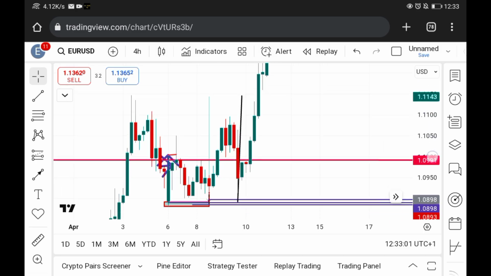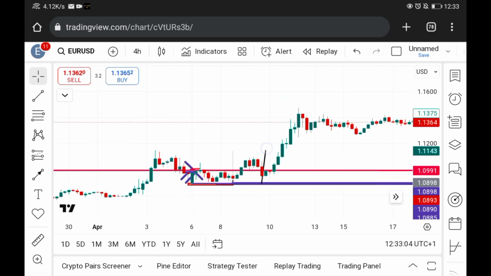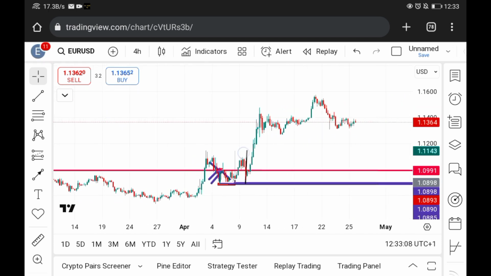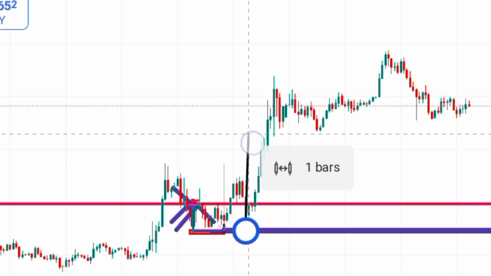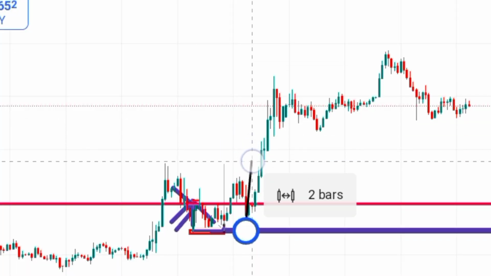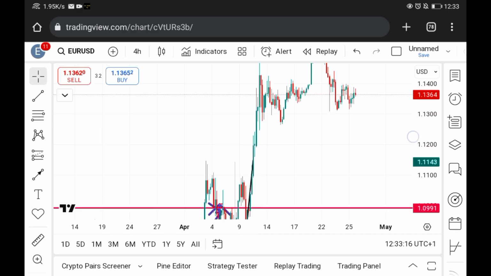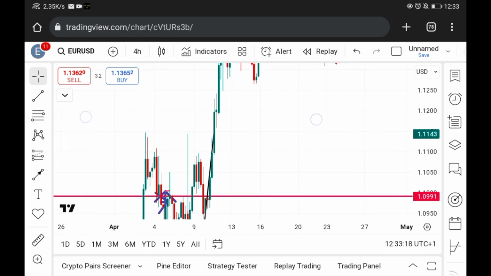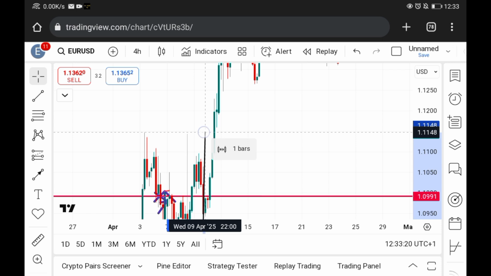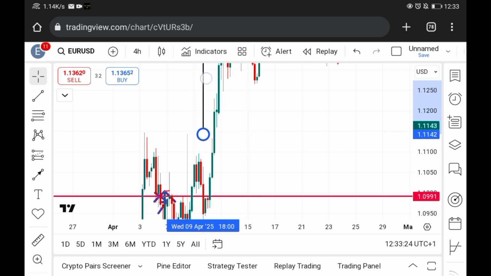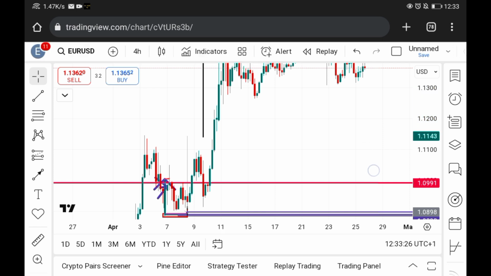Then you have to pick it and make it times 2. If you were able to have times 2 of that, you are okay to go. I'm trying to make it times 2. The trend line, I don't know how I set it, it's giving me a headache. So I'm trying to pull it now for it to be times 2.